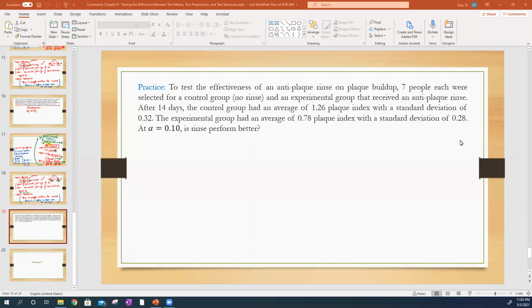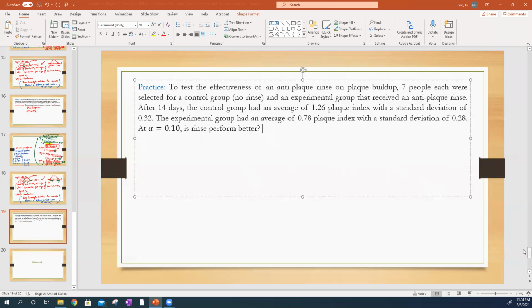After 14 days, the control group had an average of 1.26 plaque index with a standard deviation of 0.32. The experimental group had an average of 0.78 plaque index with a standard deviation of 0.28. At alpha equals 0.1, the rinse performed better.